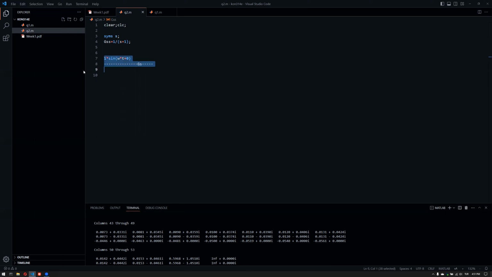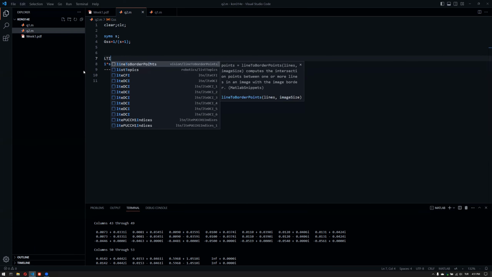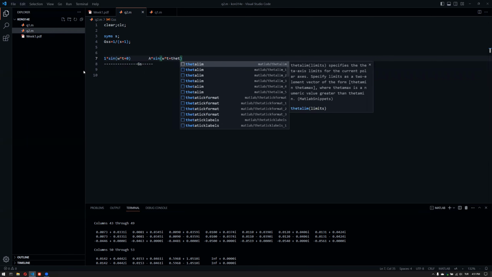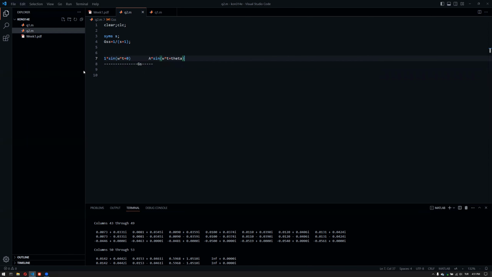Now we apply this to a system, and since our system, again, is an LTI system, a linear time invariant system, what we observe in the output also looks like a sine wave. But it's not going to be the exact same sine wave. It will have a different amplitude than the input, and a different theta value or phase value.